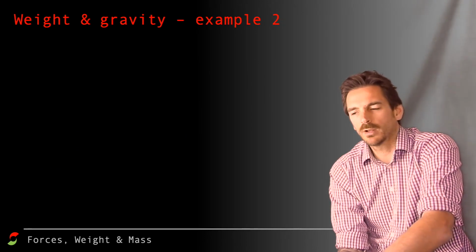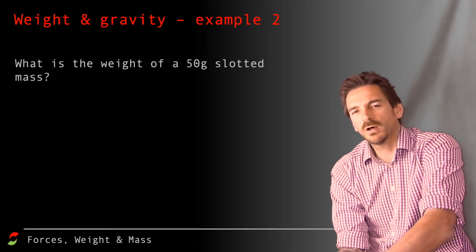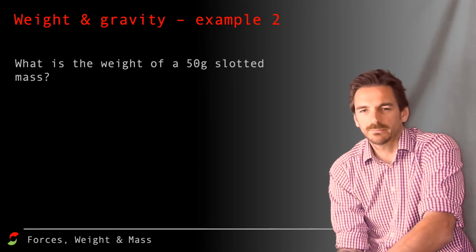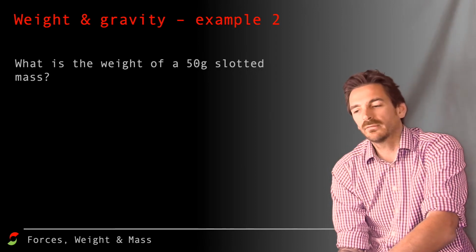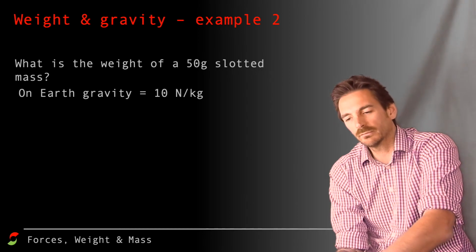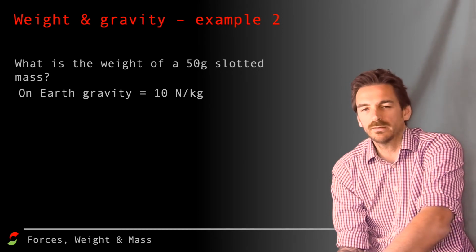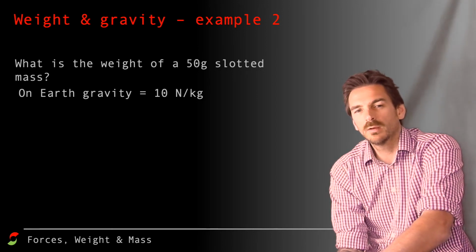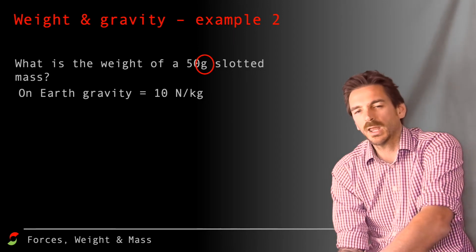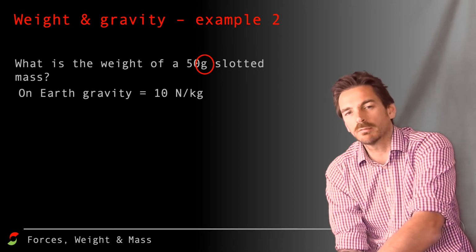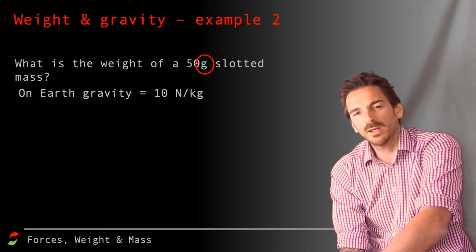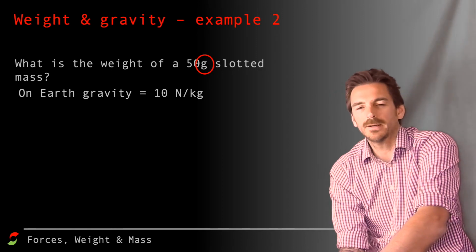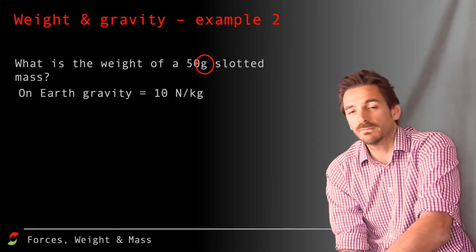Let's have a look at another example then. So what is the weight of a 50 gram slotted mass? Okay, this is where it gets a little bit sneaky. We'll still get told that gravity is 10 newtons per kilogram on Earth, but the exam board is being sneaky here because they've shoved in a mass in grams. Most students here will just multiply 50 by 10 and won't get full marks.